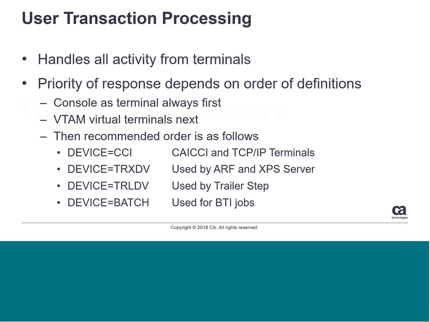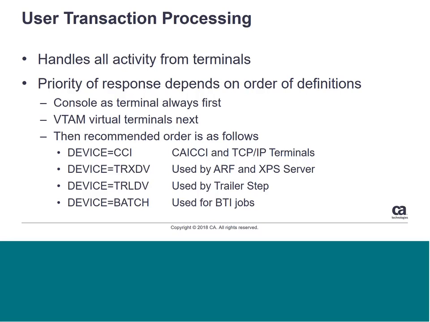Transaction processing is all about handling input and activity requested through any type of terminal. Okay? And the priority that CA7 responds to transaction requests depends on the order of the definitions in your init deck. Okay?